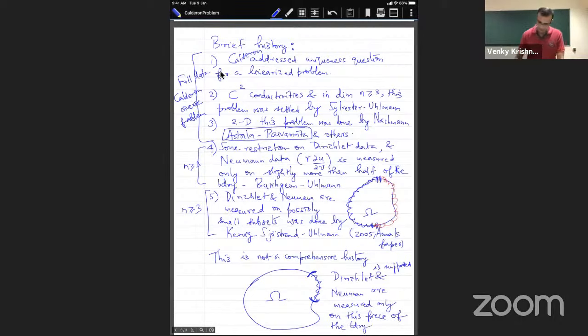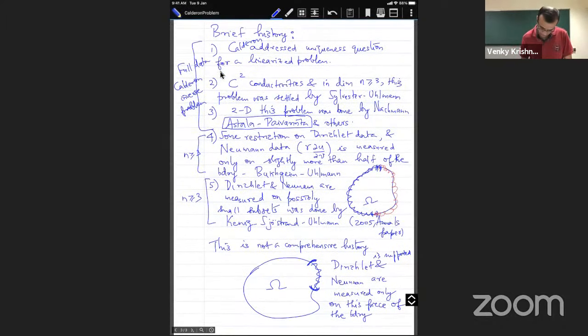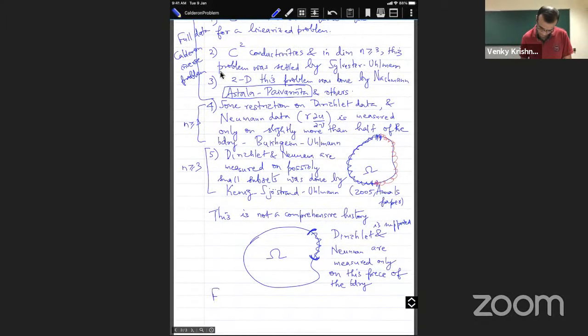Then the question is, from this information, is the conductivity gamma uniquely determined?